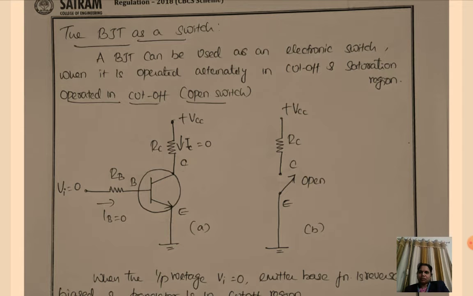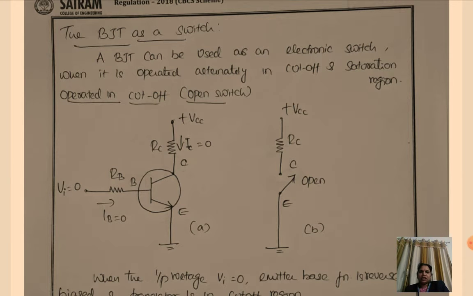That is, between the collector and the emitter terminal, it is going to act as an open circuit. If it becomes an open circuit, whatever voltage source is provided at the collector terminal, the complete voltage will be available across the collector emitter terminal.